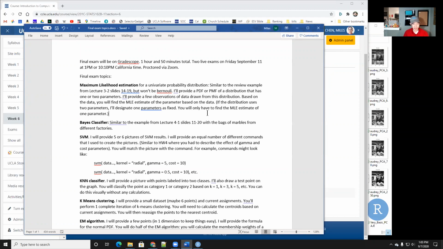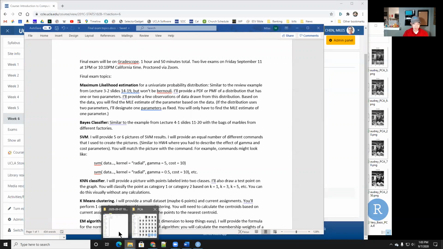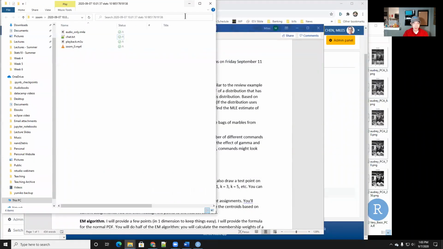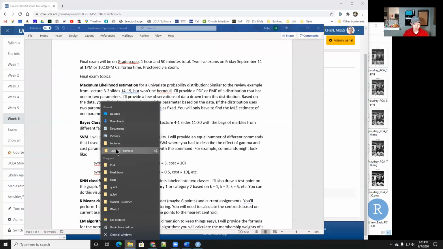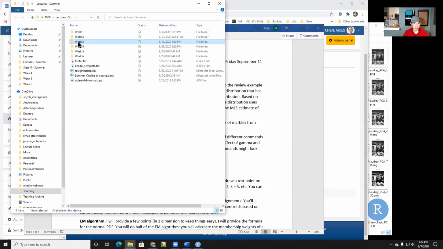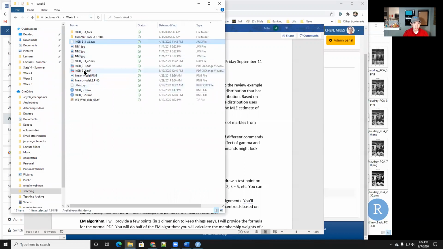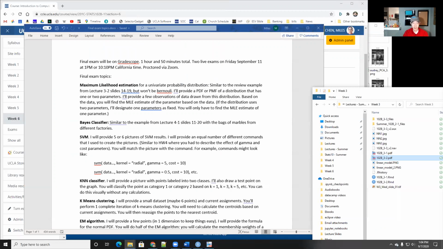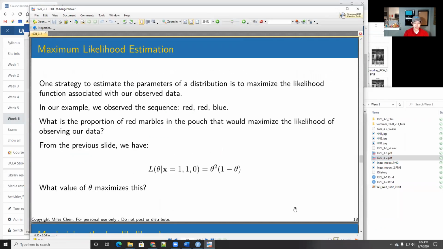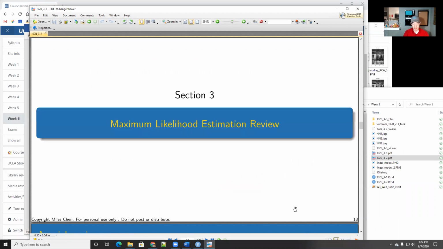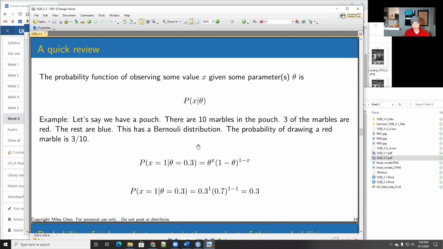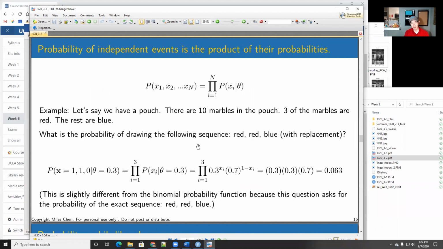I have an example in lecture 3.2, in the maximum likelihood estimation review PDF.